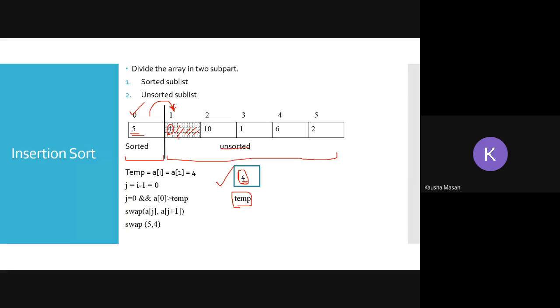We can do that because I kept 4 in temp, so index 1 is empty. Then if you don't have any more indexes to compare, this being the only index, directly place 4 here.